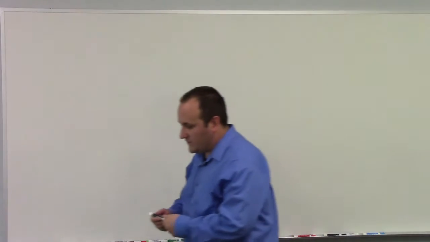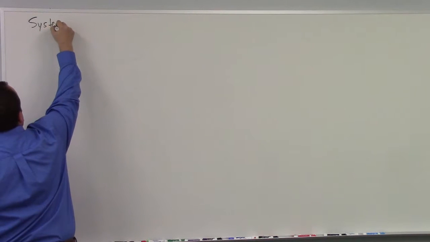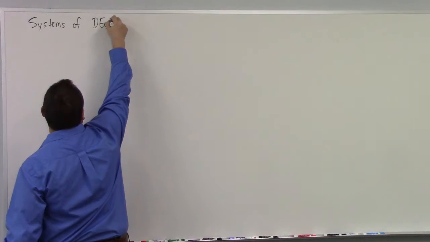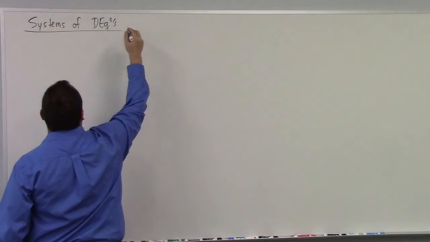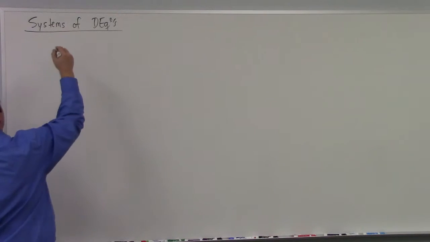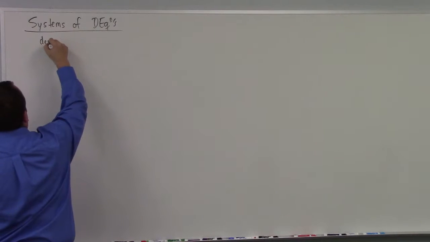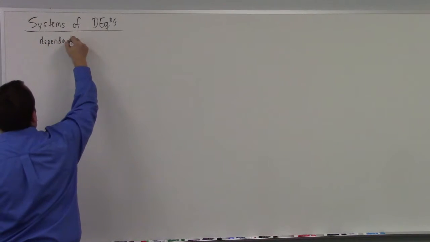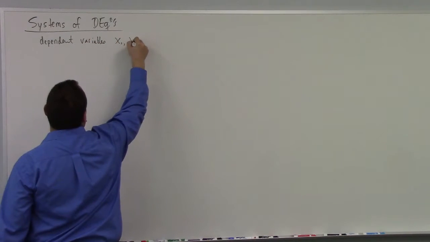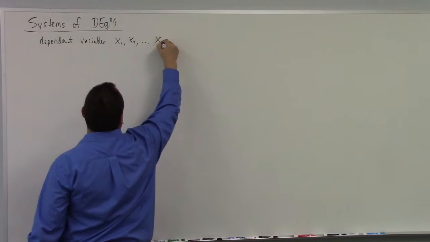All right, so we're talking about systems of differential equations, right? Let me just try to remind you basically our terminology here. So we're looking at dependent variables x1, x2, all the way out to xn.